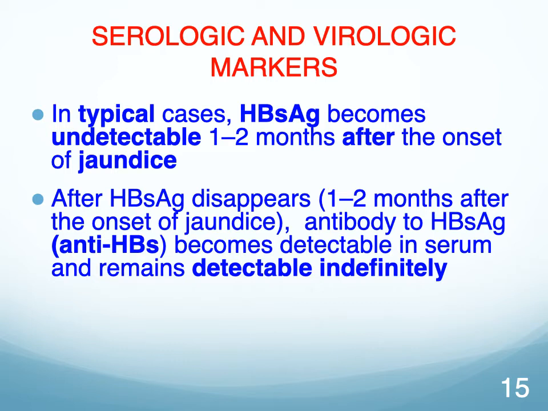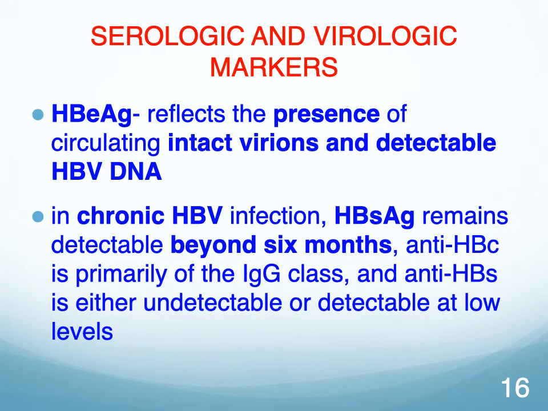Those who acquired it in early adulthood would develop anti-HBs after HBs antigen disappeared. While E antigen is, as we have mentioned, a qualitative marker of HBV replication.